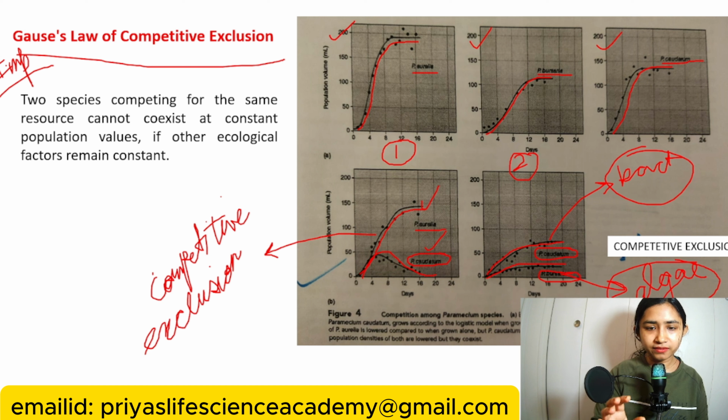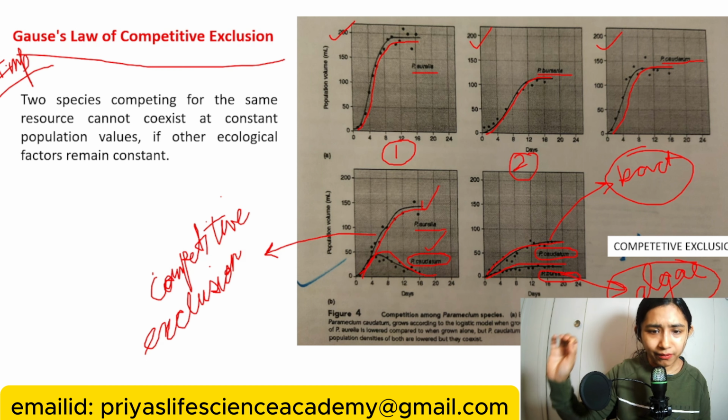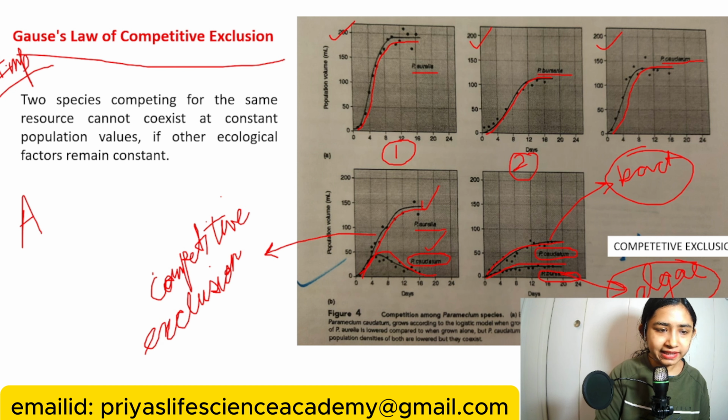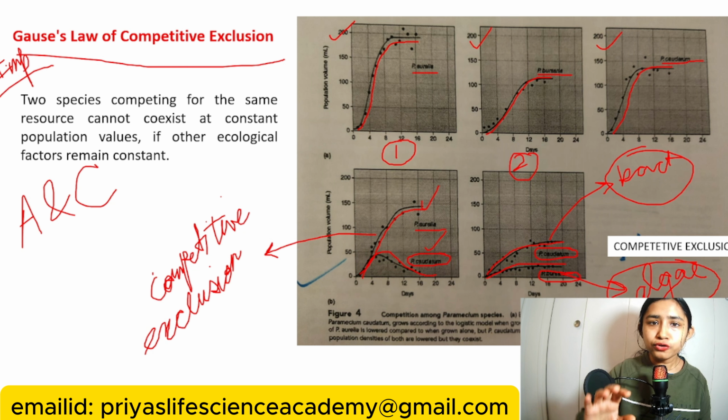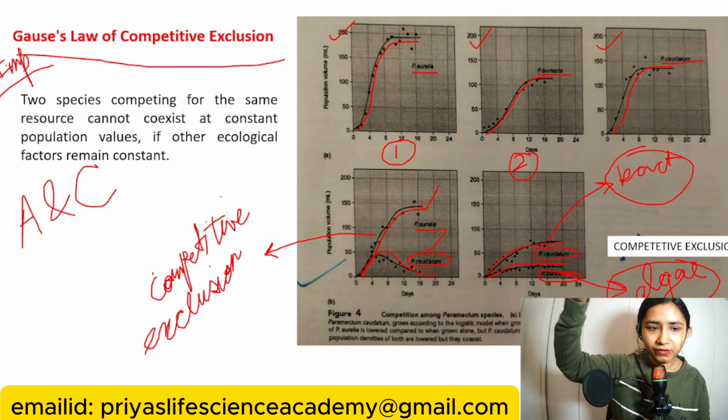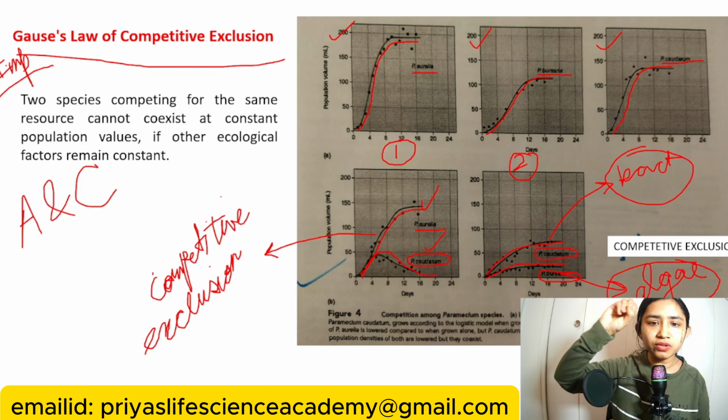From this it is concluded that species with exactly the same requirements cannot live together. Aurelia and caudatum were truly dependent on bacteria. So species with exactly the same requirements cannot live together in the same place.